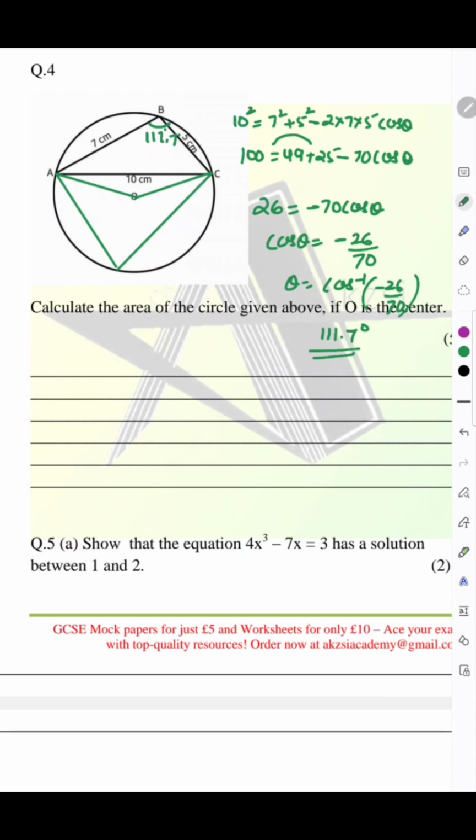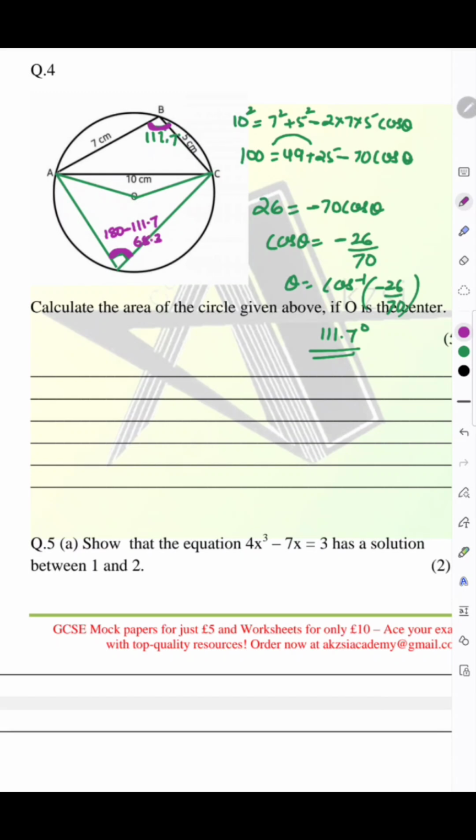That means this angle is 111.7 degrees. This is a cyclic quadrilateral, so opposite angles add up to 180 degrees. So this angle plus this angle should be equal to 180. That means this angle is 180 minus 111.7, so this angle will be 68.3.